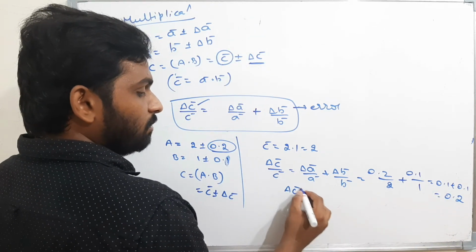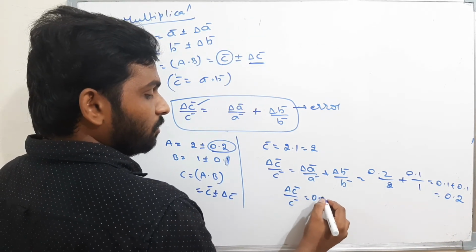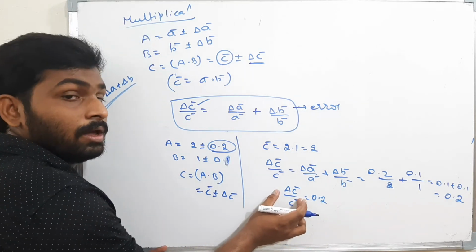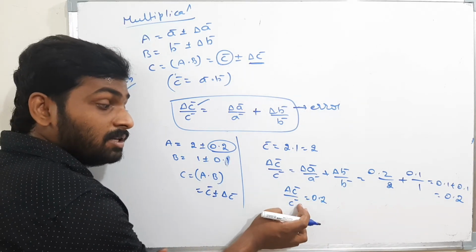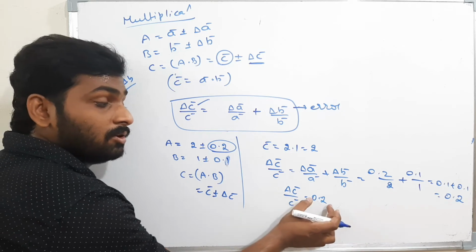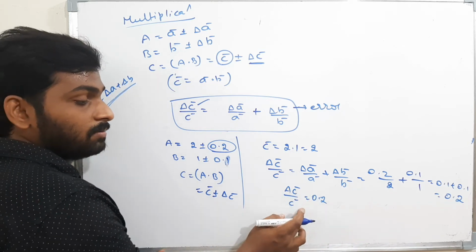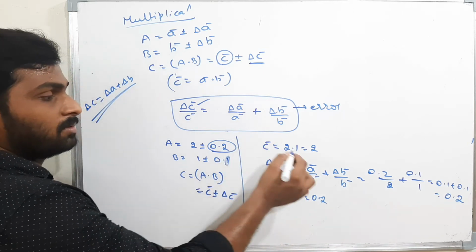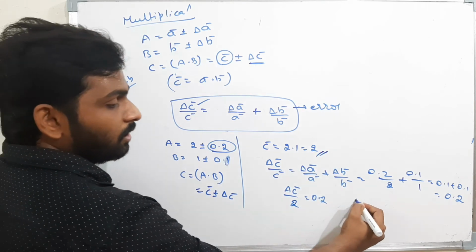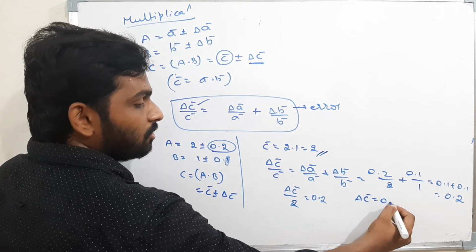Therefore delta C bar by C bar is 0.2. The relative error in C is 0.2. But what is the error in C? In place of C bar, I am keeping 2. Therefore, the error in C is 0.4.